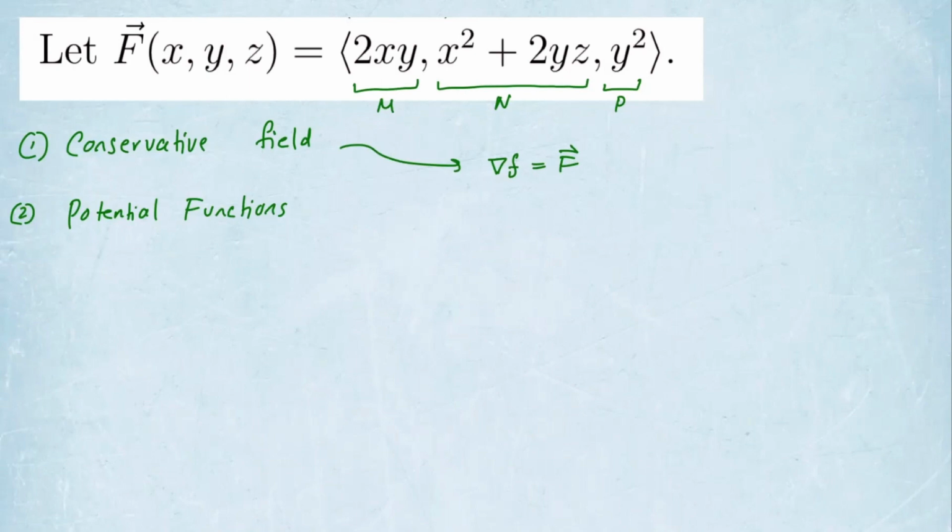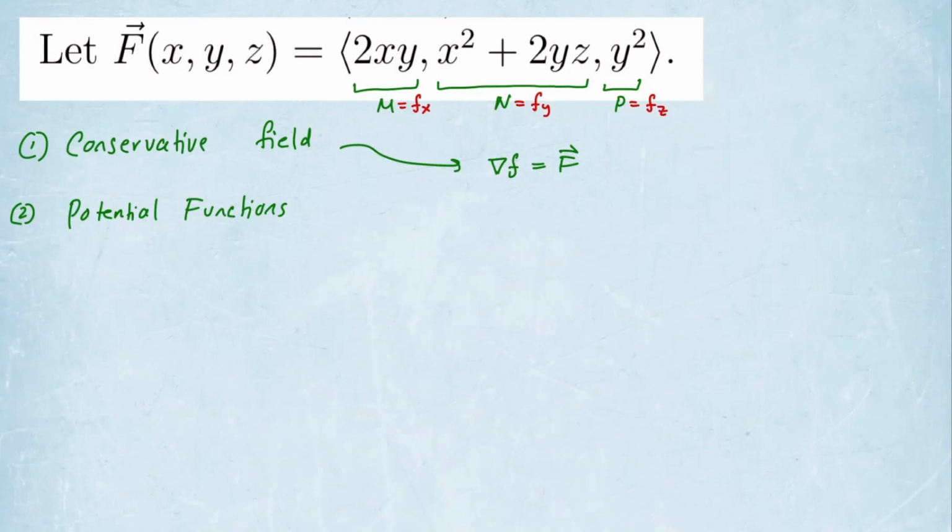So M corresponds to the partial of f with respect to x, N corresponds to the partial of f with respect to y, and P corresponds to the partial of f with respect to z. Those are the first partial derivatives.